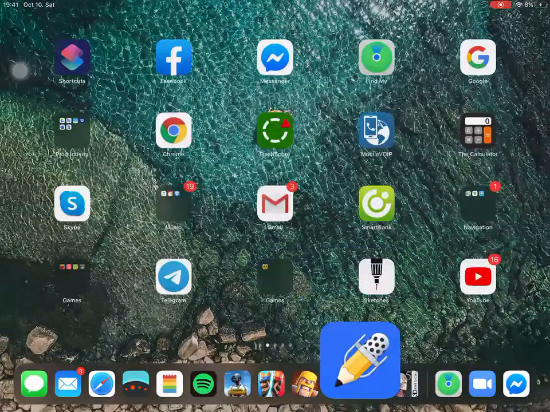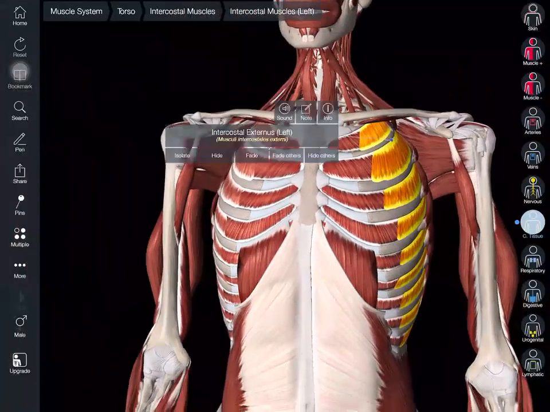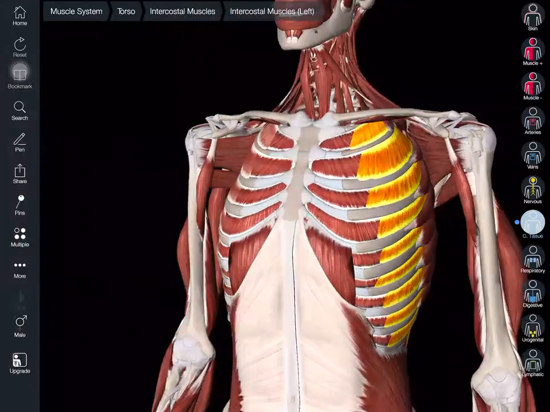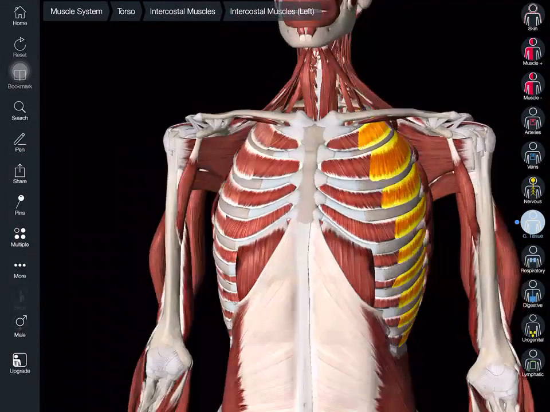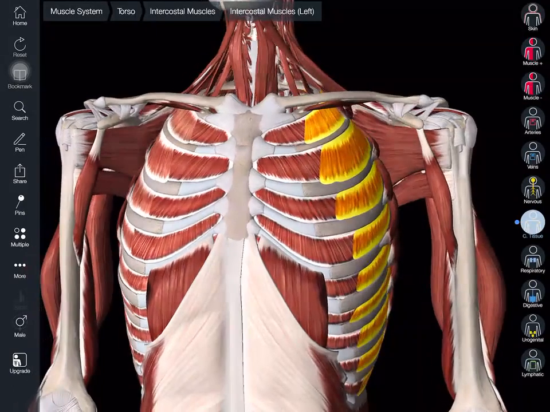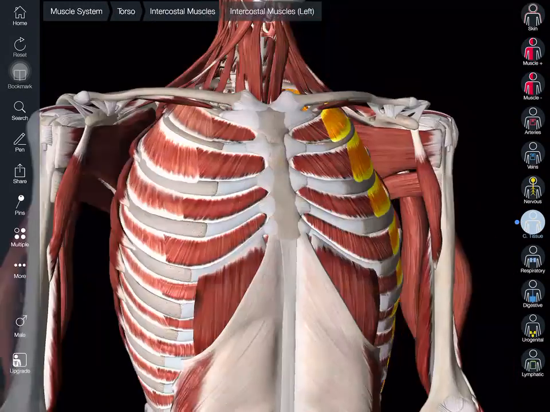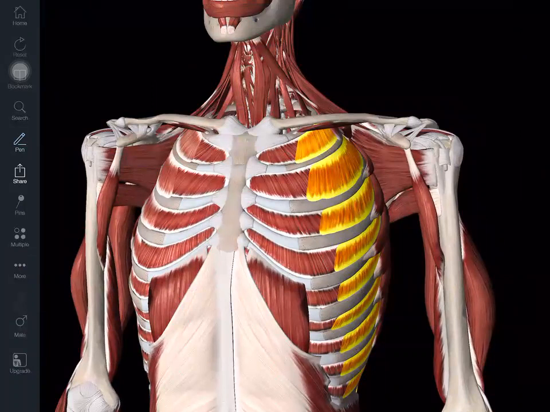So if we take a look at the muscles over here, you can see the external intercostal muscle really nicely. All right. External intercostal muscles help with inspiration.